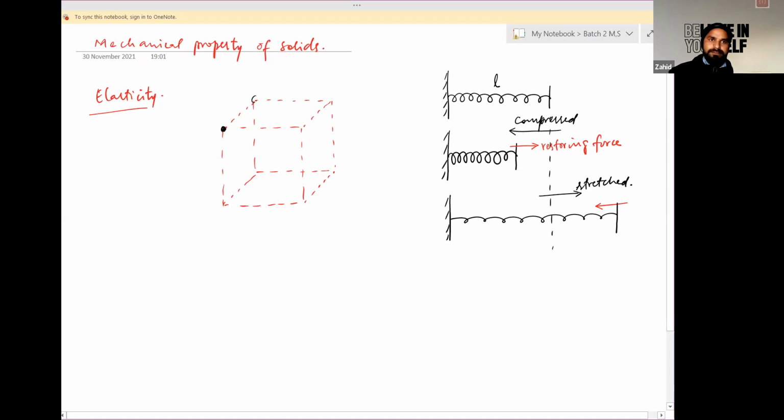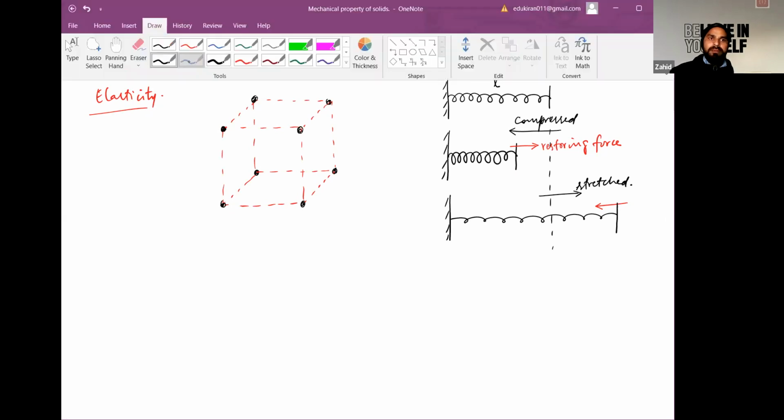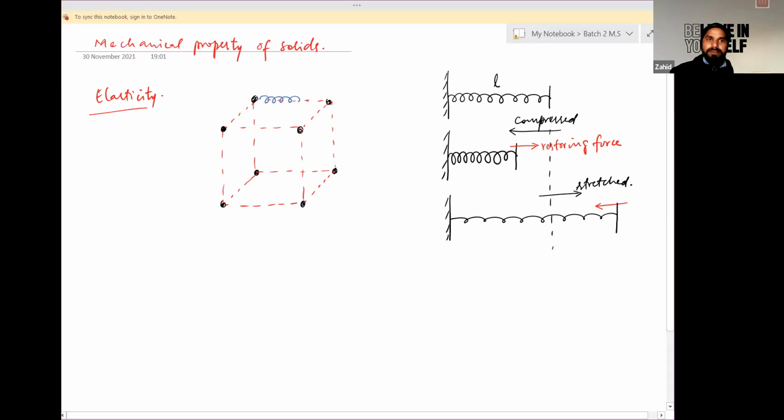So this will be atom, and the bond in between them behaves like a spring.